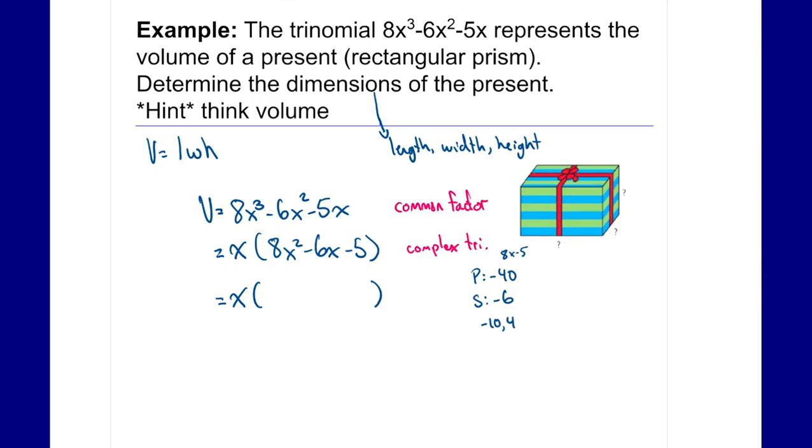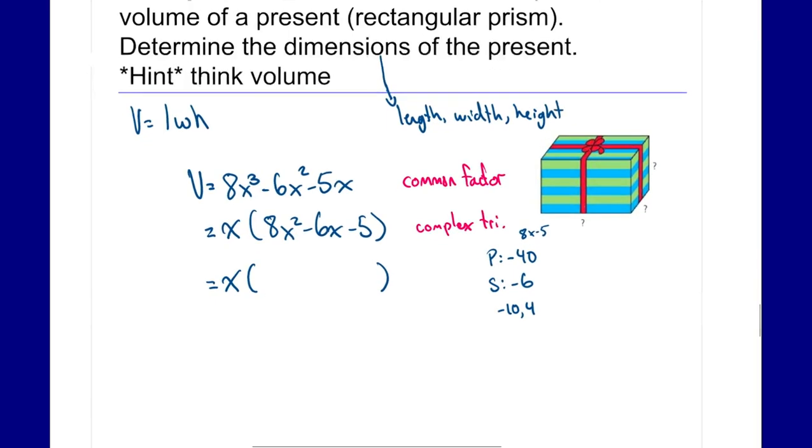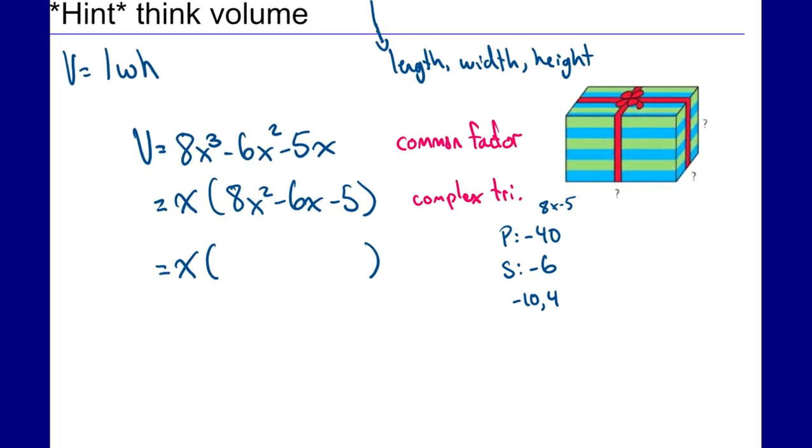Those two values multiply to -40 but add to -6. When it is a complex trinomial, we break up the middle term into those two values. So I have 8x squared minus 10x plus 4x minus 5.